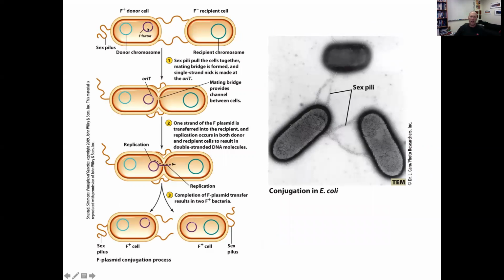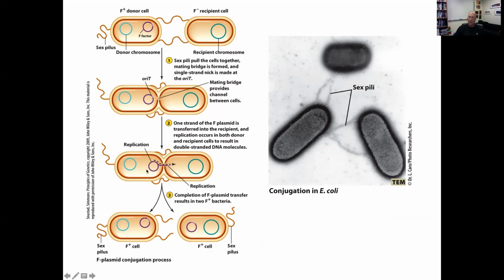So this cell has this F plasmid. It's a conjugal plasmid. It encodes the production of these sex pili. This comes in contact with another cell, pulls them together, and then there's a bridge, a channel that's generated between the two cell envelopes to allow this plasmid to go into the new cytoplasm.